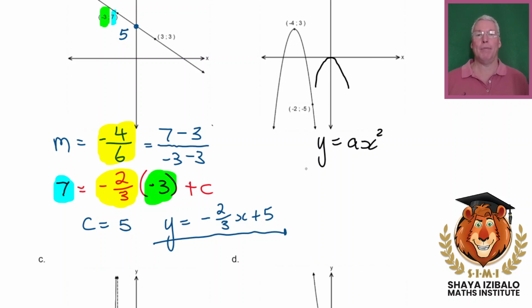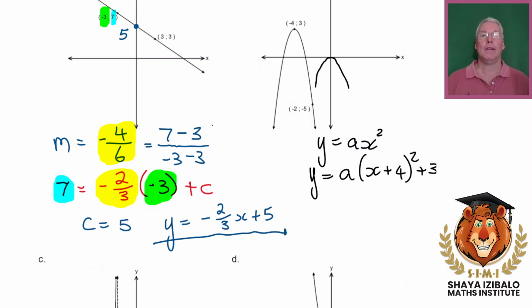So we need to take this graph and move it 4 to the left and 3 up. How do we move a graph 4 to the left? We add 4 to every x value. How do we move a graph 3 up? We add 3 at the back. Every single parabola that turns at negative 4, 3 has this form.